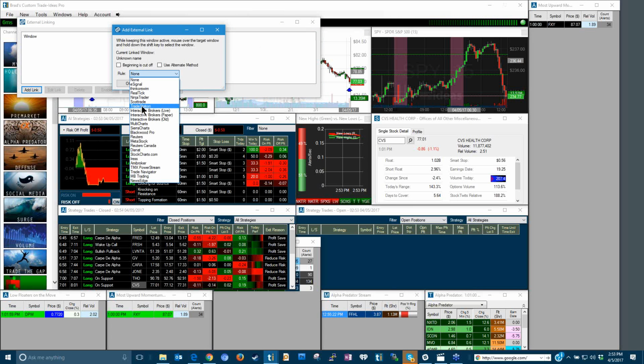And the best way that we found with respect to linking to TradeStation is that it has a symbol field in its toolbar, if I recall correctly, up at the top. So you should be able to drop this shift key right in the symbol field on the toolbar of TradeStation, and then use the color-coded linking inside of TradeStation to link all the other windows. So you should only need to link with a single window to get them all to work.